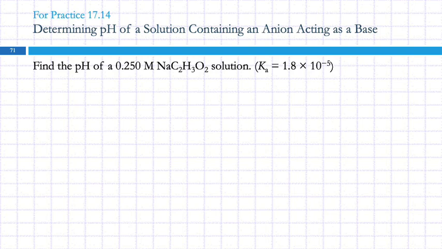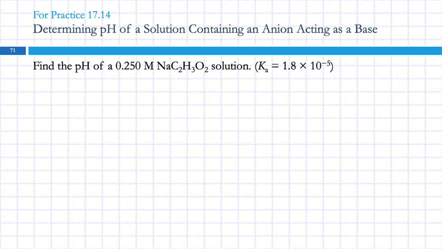Okay, so now we're going to put these things together. Find the pH of a 0.250 molar NaC2H3O2 solution. Ka is 1.8 times 10 to the minus 5. This is an ionic compound, right? We have a metal and a nonmetal.